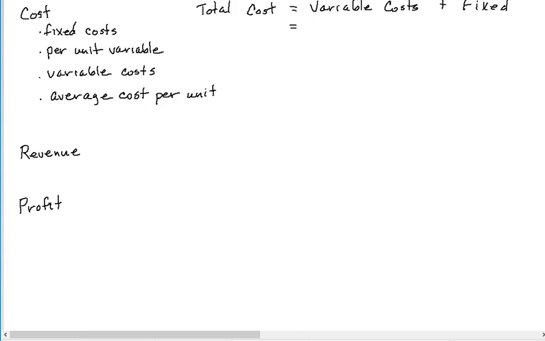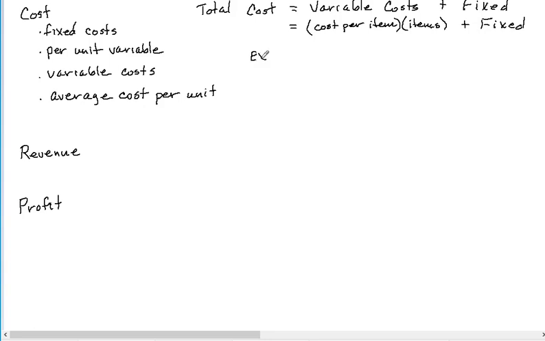Now, variable costs can be broken down to the cost per item times the number of items, and then add on your fixed costs. Fixed costs is the overhead, the rent, or any other costs that are incurred even if you don't produce anything. So variable costs are the costs of the production, fixed costs are the overhead.